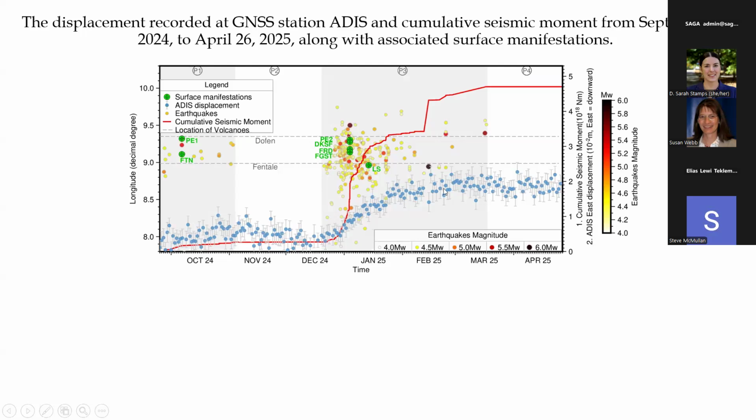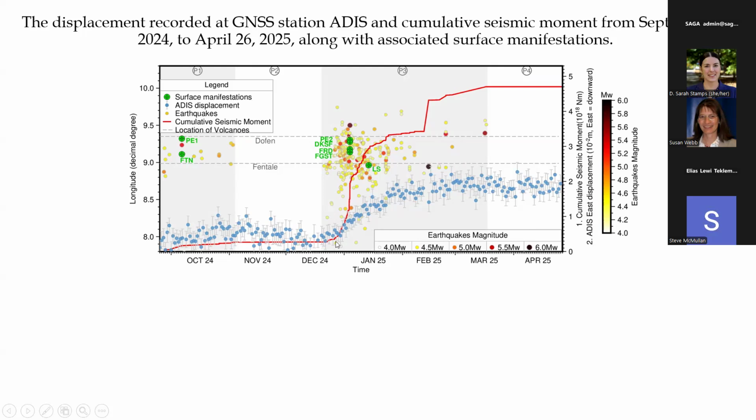Not only that, as you can see, this is a summarized version of the data, the yellow ones, the red ones, and so on. From the scale of earthquakes, the blue ones here, what we are seeing is the location of the Addis station. From September to October, it started to move faster, then it decayed.